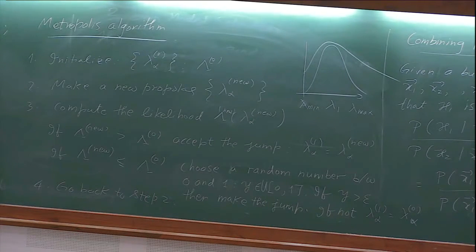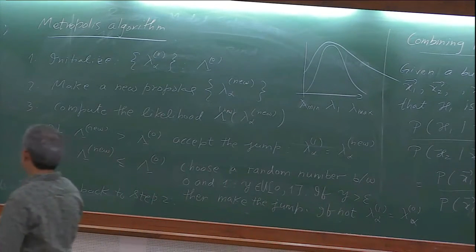What you do is, first, you sprinkle a bunch of test points all over the parameter space. Now, each of those points in the parameter space can be thought to lie on a contour of equal probability.